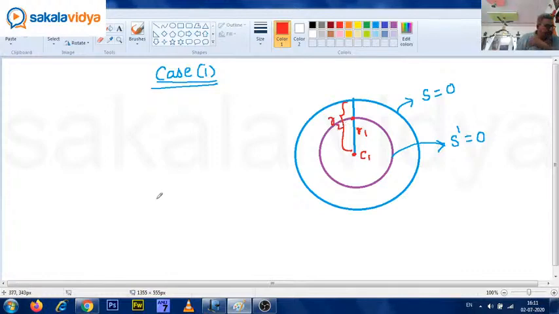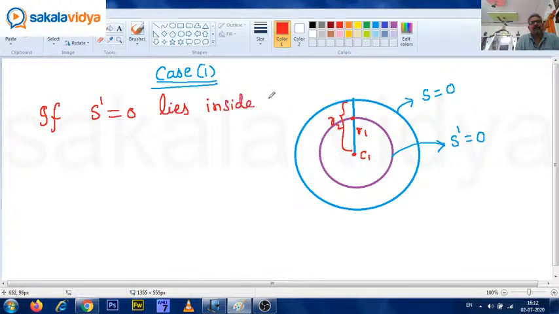If the circle S dash equals 0 lies inside S equals 0, then R1 minus R2 will be greater than the distance between the centers, C1 C2. R1 minus R2 is greater than C1 C2.